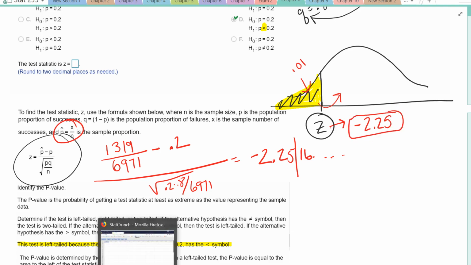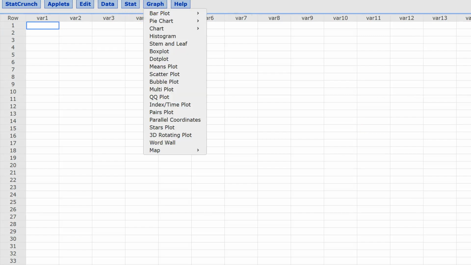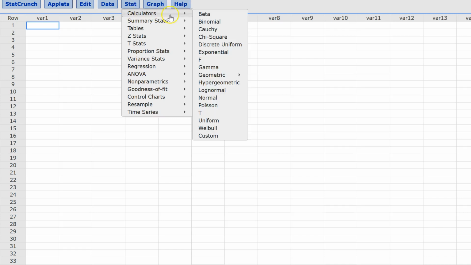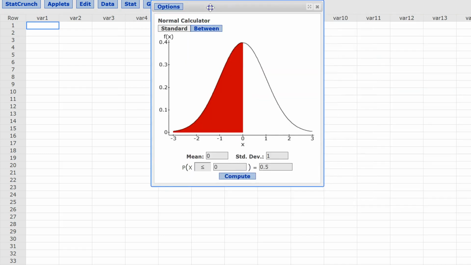Now this is where I go to StatCrunch, and I go to Stat, Calculator, Normal, because I'm looking at the normal distribution, and I'm looking at the standard one. The mean and standard deviation stay the same for the standard normal distribution. It should probably say z-score to make sense, but they call it x.